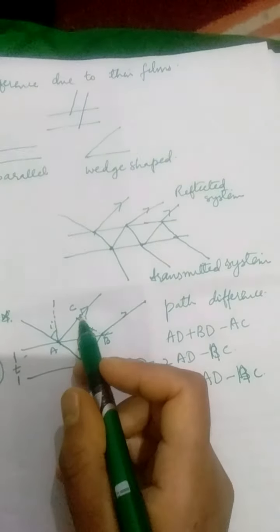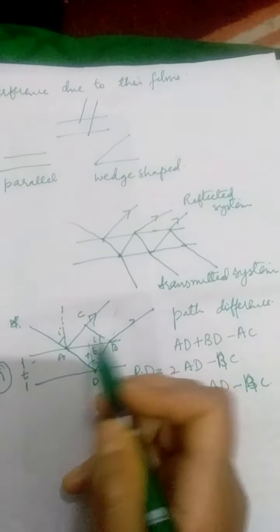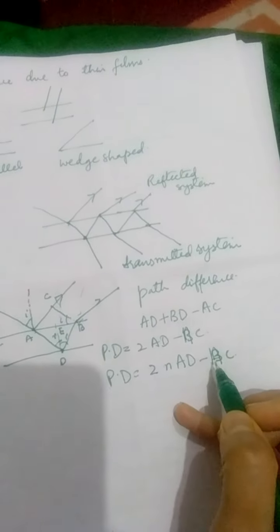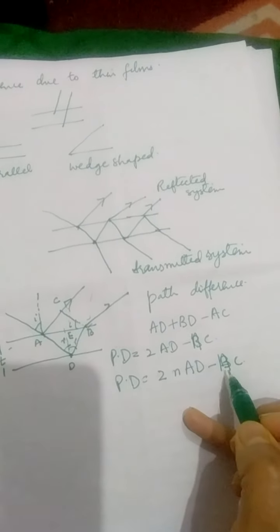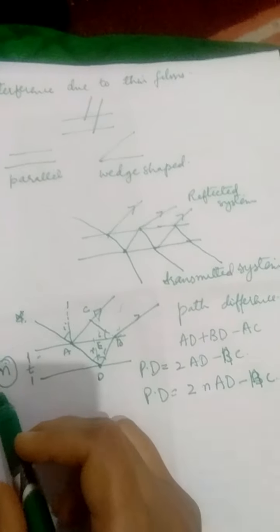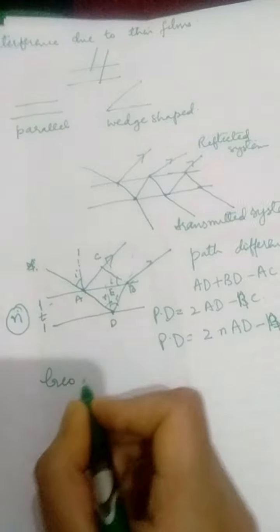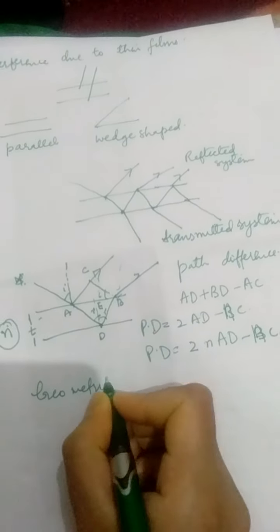Since AC is the path covered by the ray in air, so the refractive index there, mu, is equal to 1. So we don't write it. Here it has certain value n, so we multiply it by that. I hope all of you are also aware about a concept called geometric path and optical path.